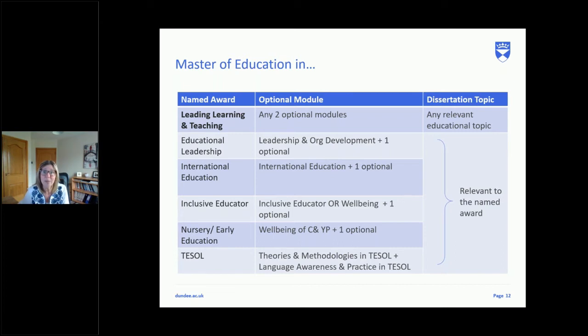So, for example, if you wish to obtain an MEd in educational leadership, then one of your optional modules must be leadership and organisational development, with a free choice of the second optional module, but then your dissertation must also focus on educational leadership.